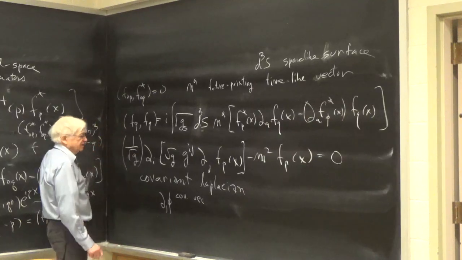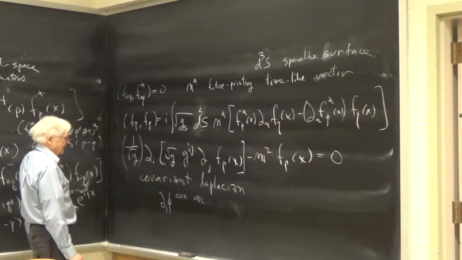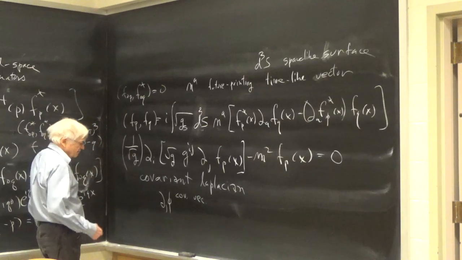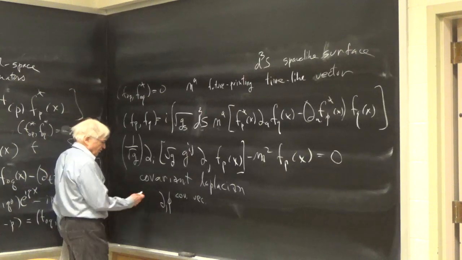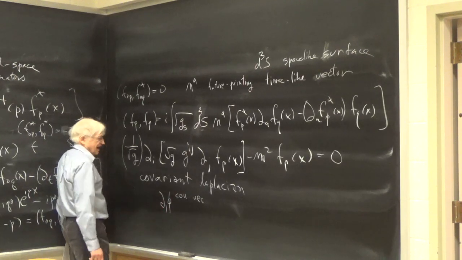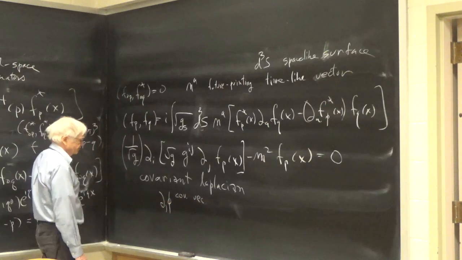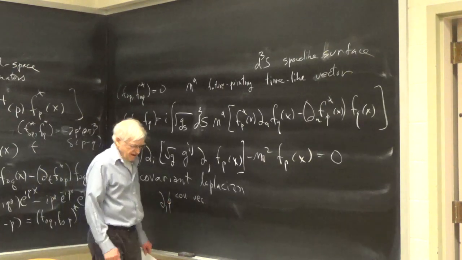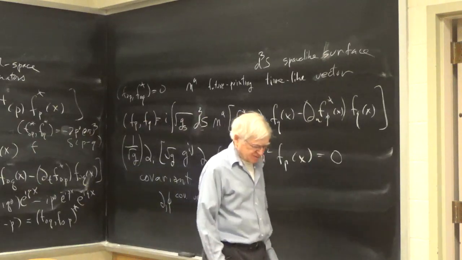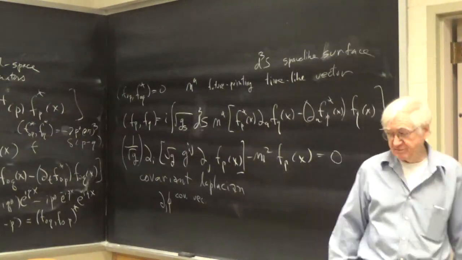But then you want to take a covariant derivative of that covariant vector. If you wrote that down from first principles, you'd get something quite messy.